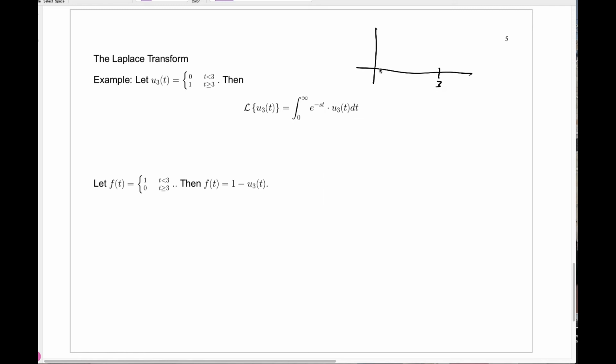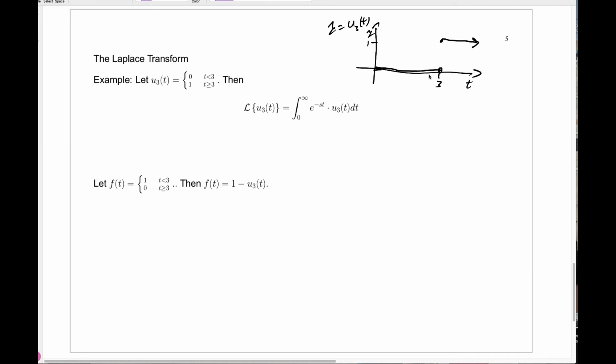So here's 3. Here's our t-axis. Here's our y-axis. The function's graph is 0 all the way until you get out to 3, and then it jumps up to 1. And we put the value there. So there's a hole here, and it jumps up to there, and the graph is 1 like that. So the graph is 0 here, and then it jumps up to 1.